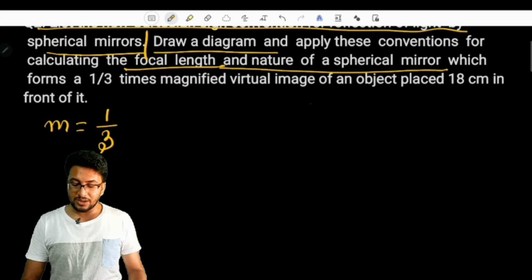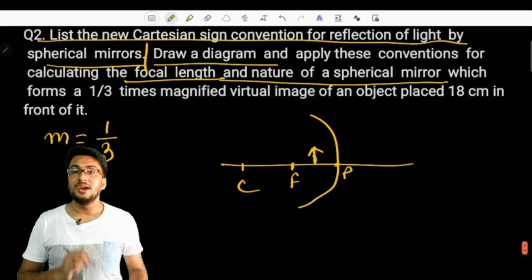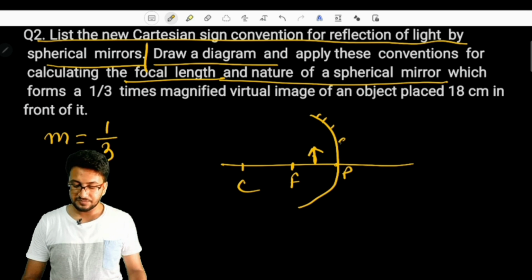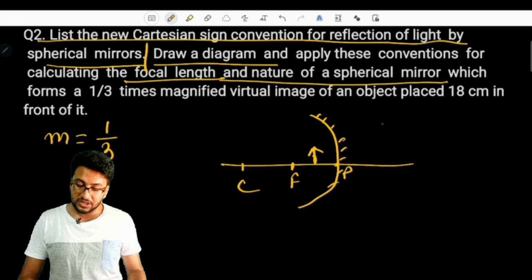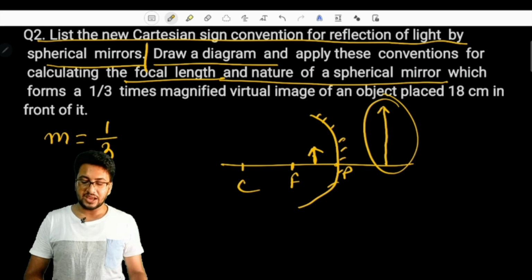If you talk about a concave mirror, suppose this is a concave mirror and a virtual image is required to form. Let me draw roughly. If you take the position where the virtual image forms by a concave mirror, in such a case what happens? The virtual image formed by a concave mirror is always enlarged. When it forms at the back of the mirror, it is virtual.